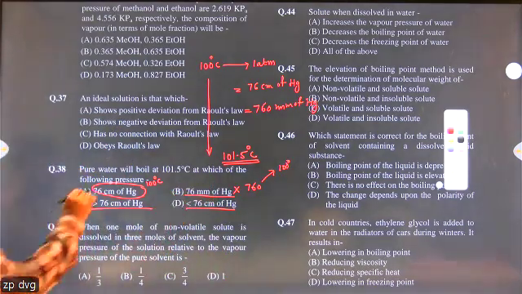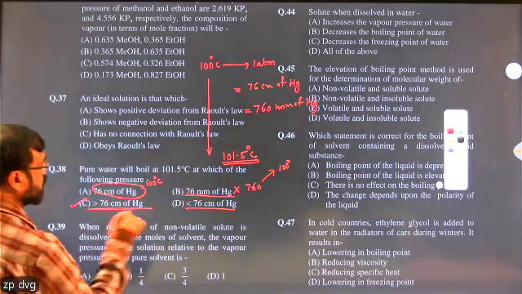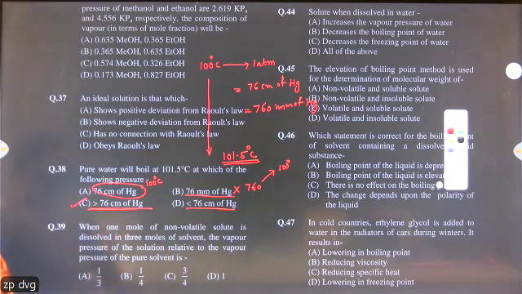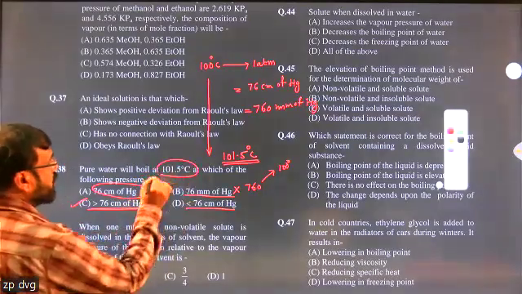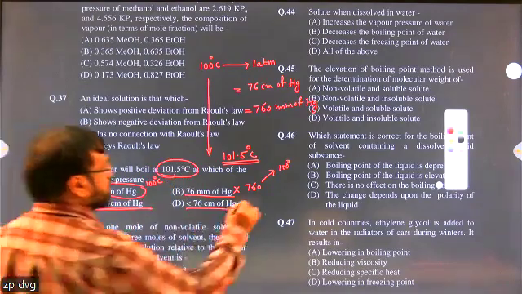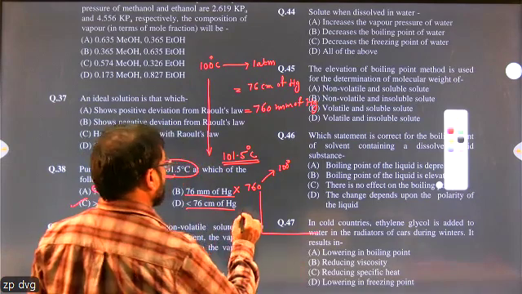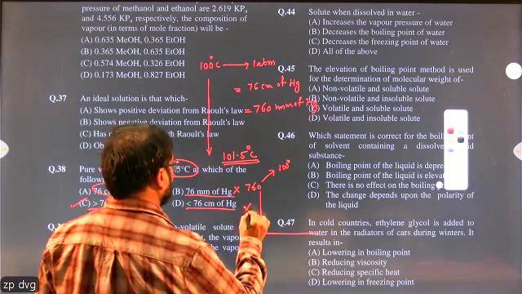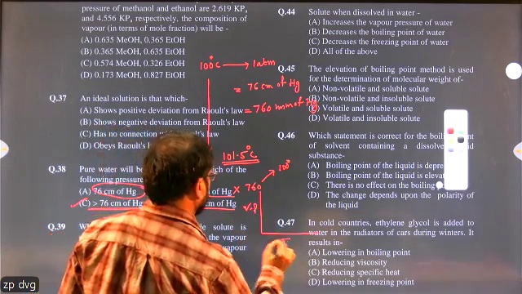So in the given options, which one do we need to select finally? Greater than 76 centimeter of Hg is the correct answer. The boiling point is raised, so the vapor pressure should also be increased. How are they related?